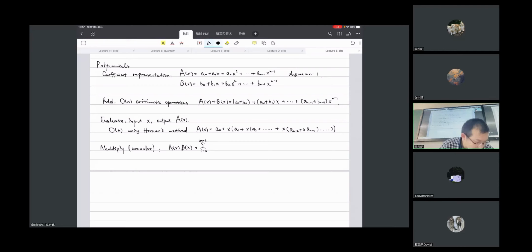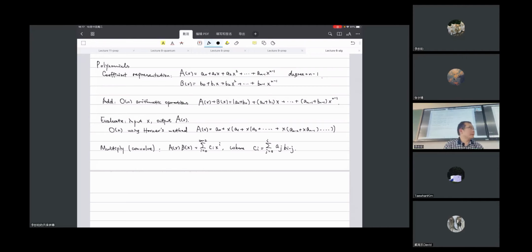And this equals the summation from i equals 0 to 2n minus 2 of c_i times x to the i, where c_i equals the summation over j from 0 to i of a_j times b_(i minus j).